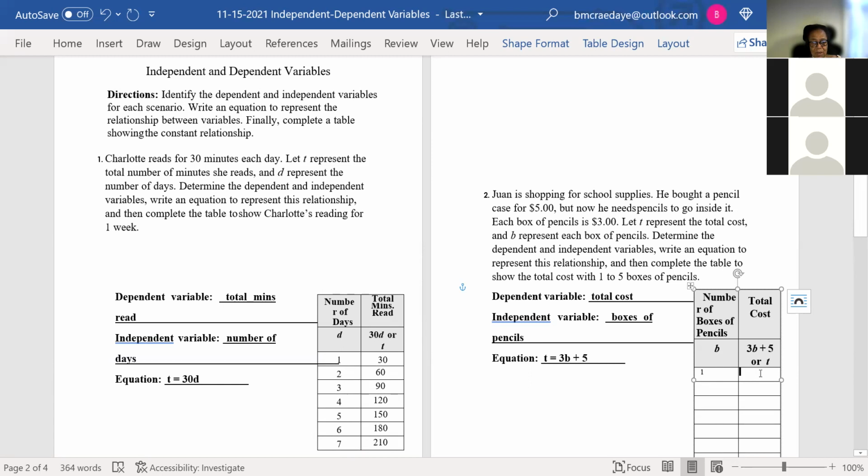What's 3B plus 5? One box of pencils costs $3. That's why we have 3B. So what's 3 times 1 plus 5? 8. That's right.